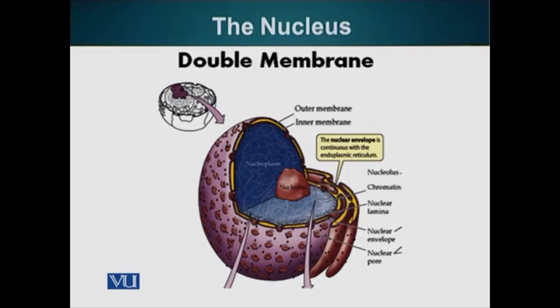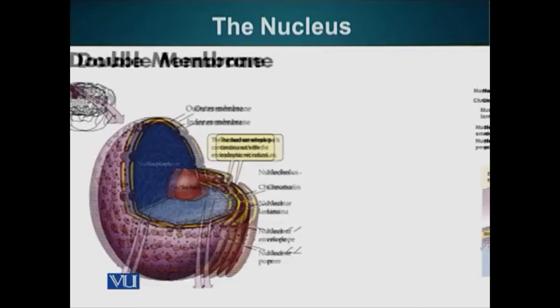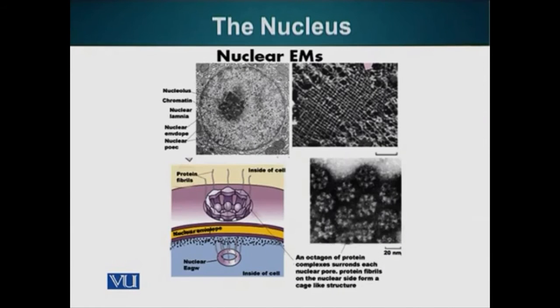Now let's look at other features of nucleus. Nuclear pore has an octagonal symmetry, which means that nuclear pore is made up of 8 proteins, and these are similar proteins. They are arranged in a way that they are making the periphery of the hole which is present in the nucleus.